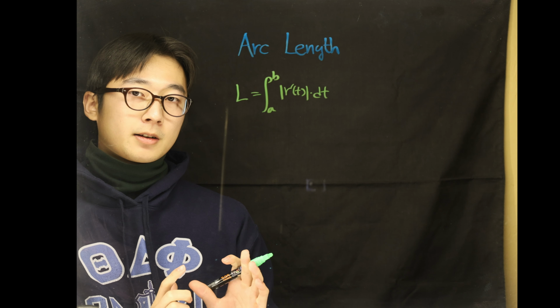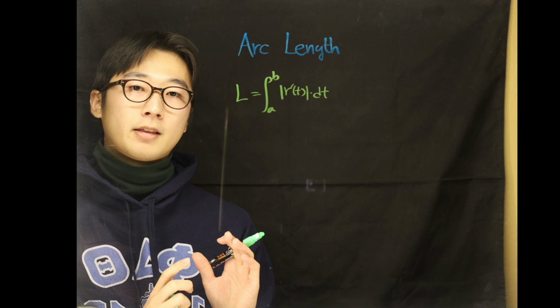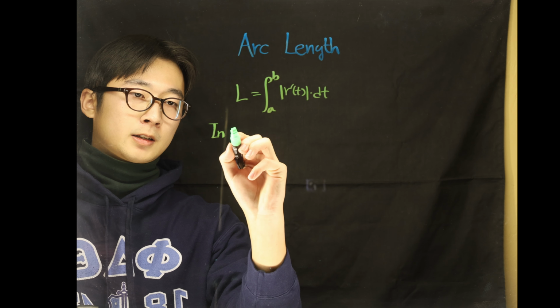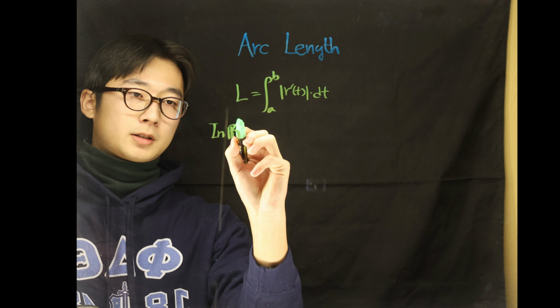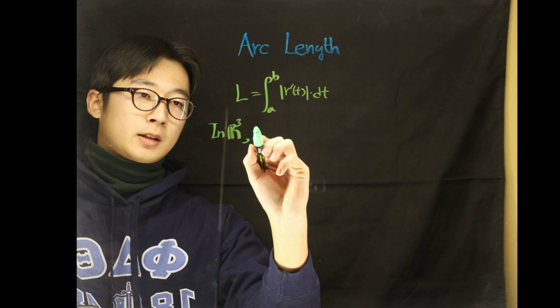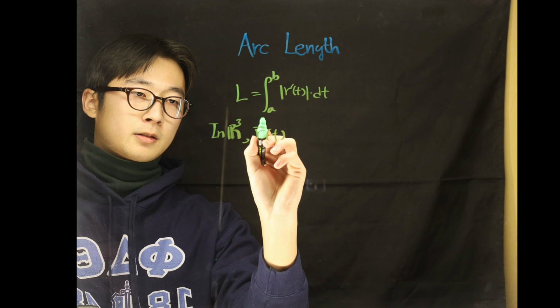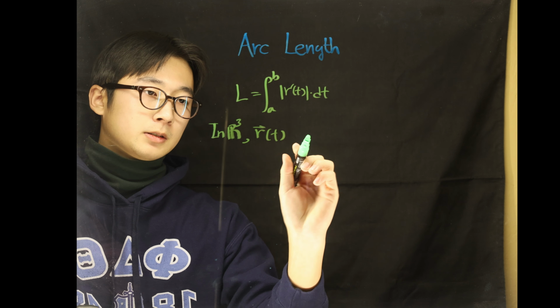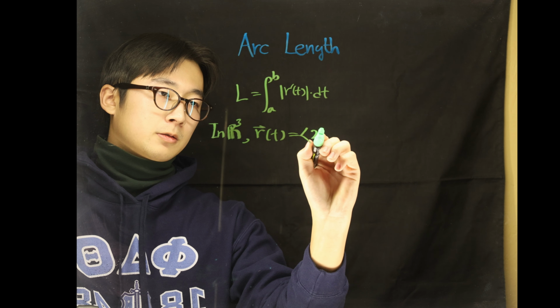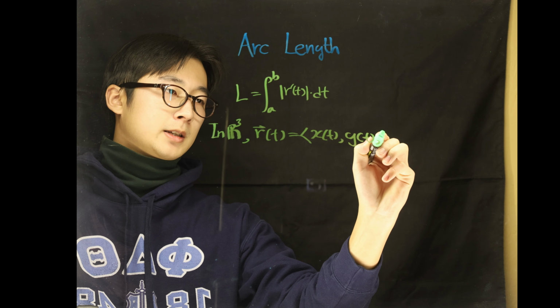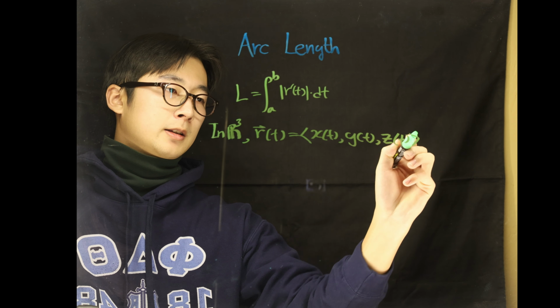For a space curve, which means in 3 dimensions, in R3, r of t, the position vector with the time variable t, should be equal to x of t, y of t, and z of t, right?